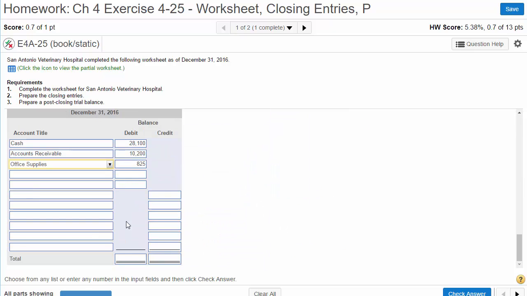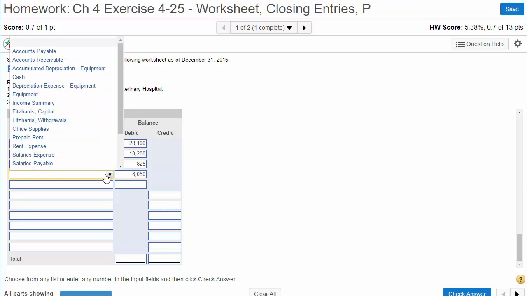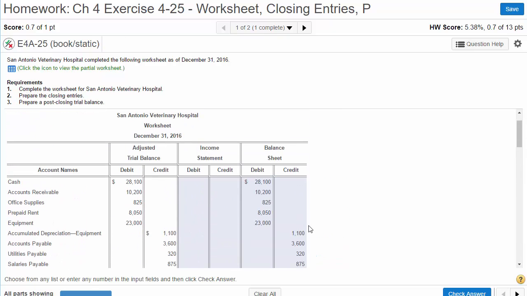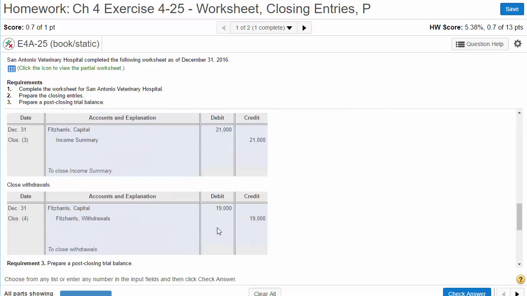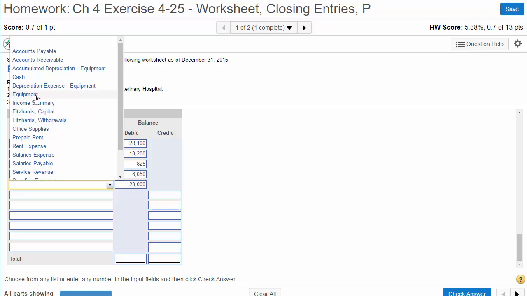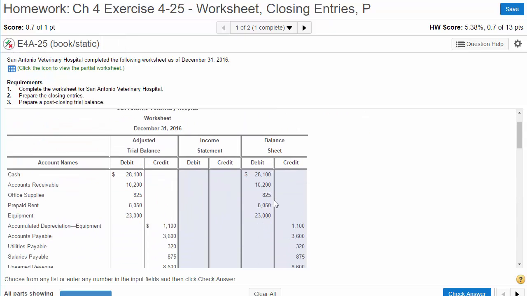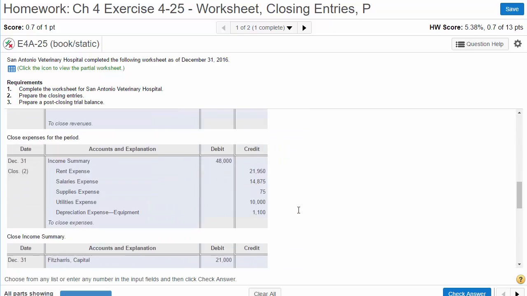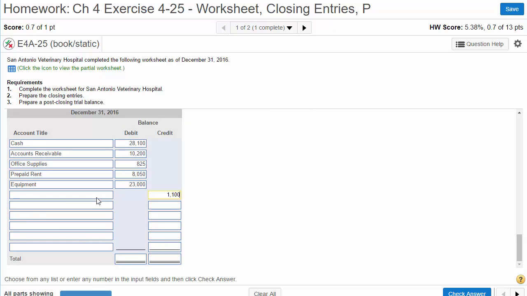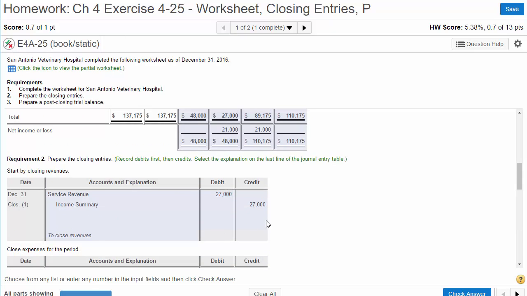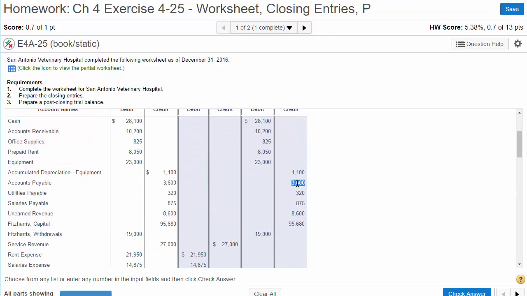Prepaid rent, $80.50. $23,000 of equipment. And then now notice here, accumulated depreciation is on the credit side. Accumulated depreciation. And then we've got 3,600 of AP.